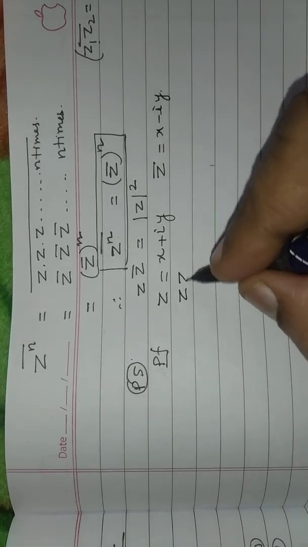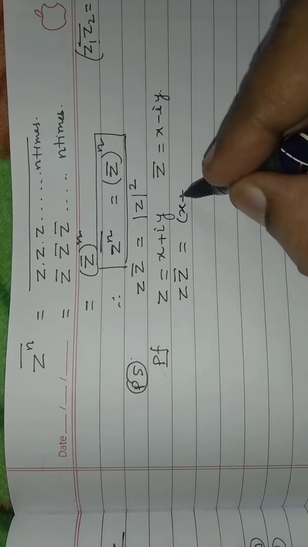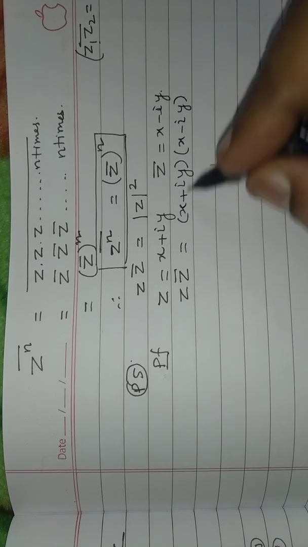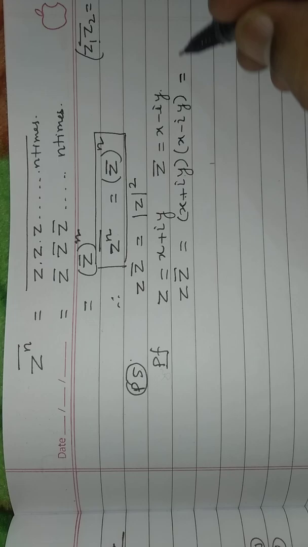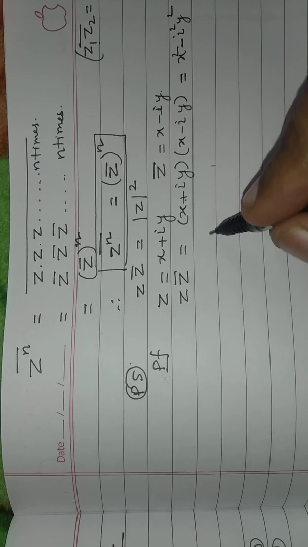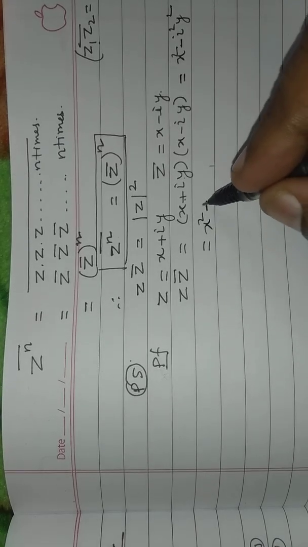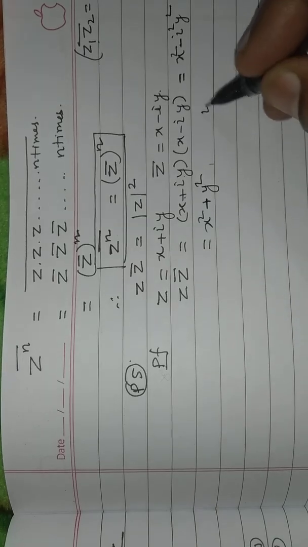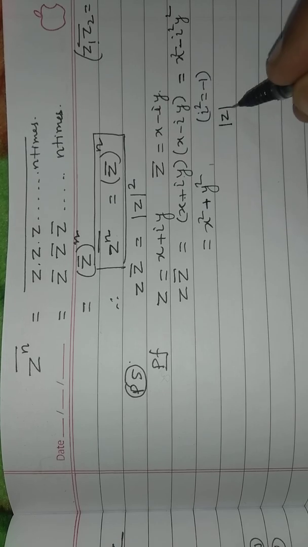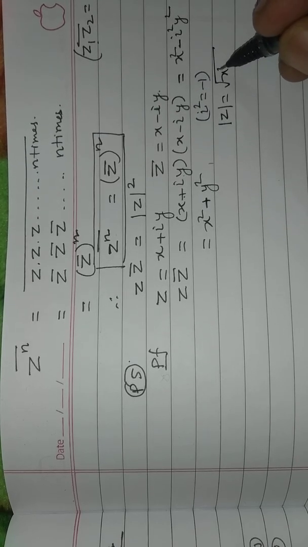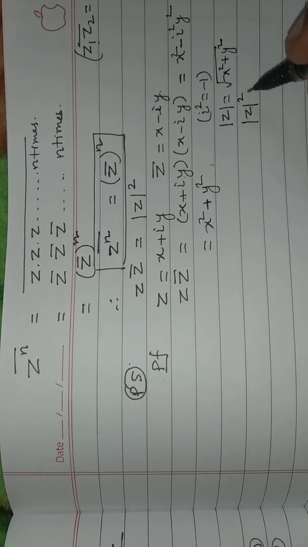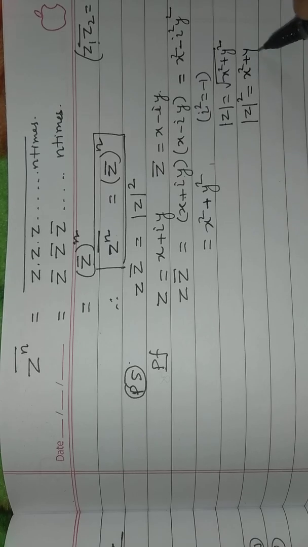And if we multiply these two, x plus iy multiplied with x minus iy, like a plus b times a minus b, it is equal to x square minus i square y square. So x square plus y square, since i square is equal to minus 1. And as you know, modulus of z is equal to root under x square plus y square. So if we square both sides, mod of z square is equal to x square plus y square.